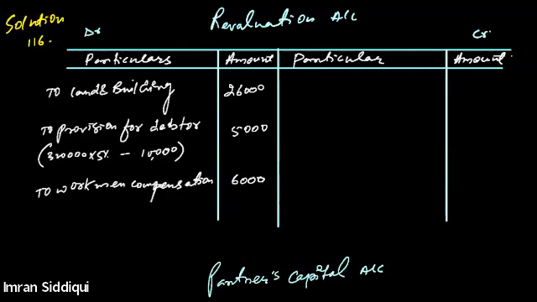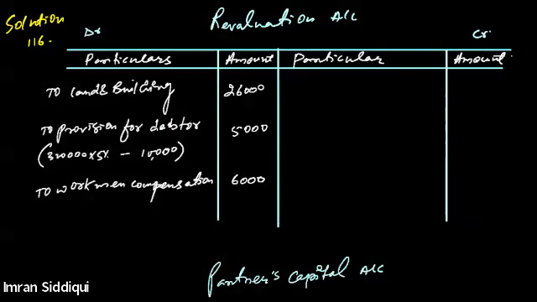Let me just total these values and check whether I'm getting the right answer. The old ratio of the partners was 2:3. When you distribute it in the ratio of 2:3, 2 by 5 and 3 by 5, 31,000 into 2 by 5, 12,400.